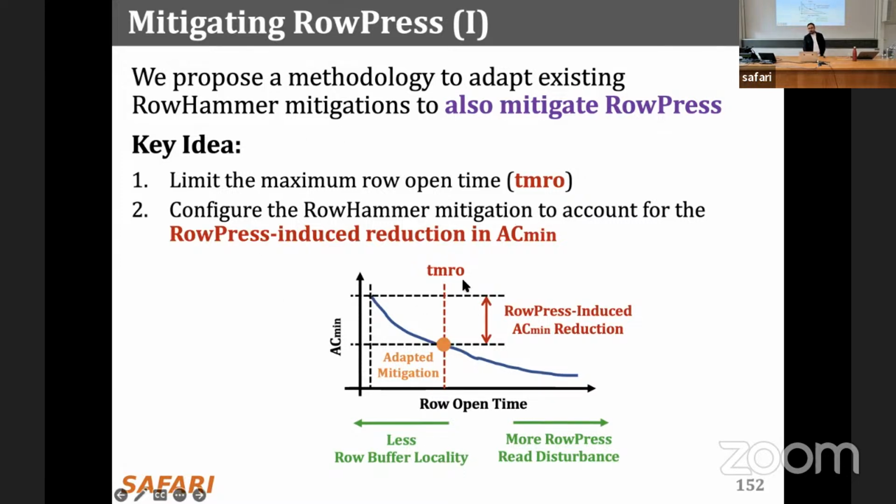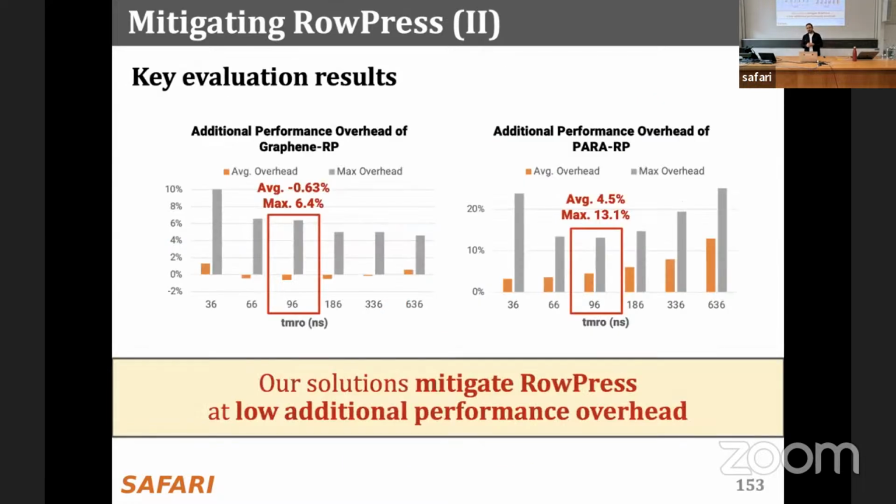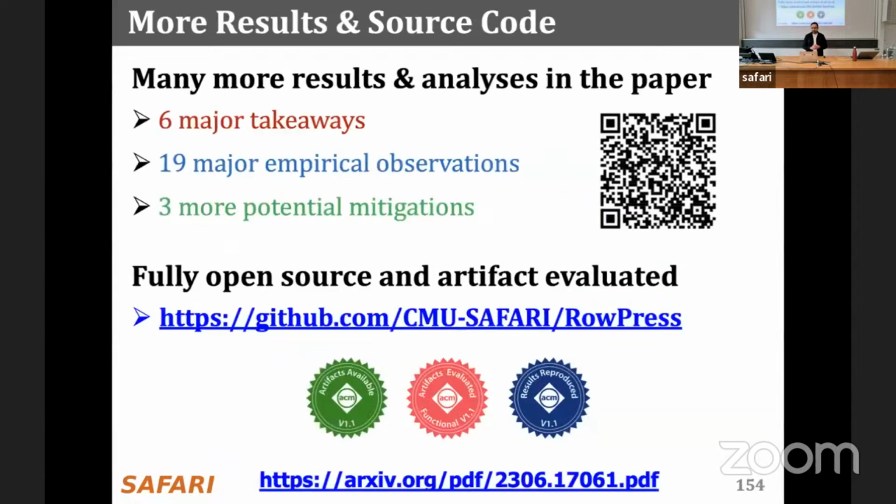And we also reduce the thresholds that we use accordingly, so that we modify the existing RowHammer mitigation mechanisms to behave a little more aggressively, and we close the rows when it reaches some threshold, and we can mitigate it. And we show that we can do that at very low performance overhead.